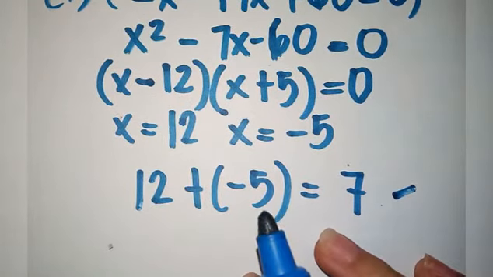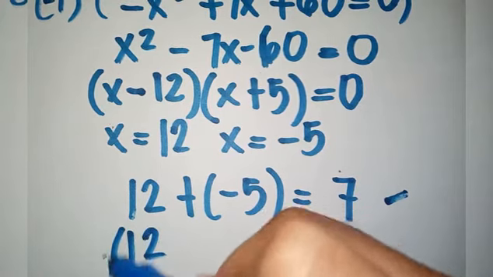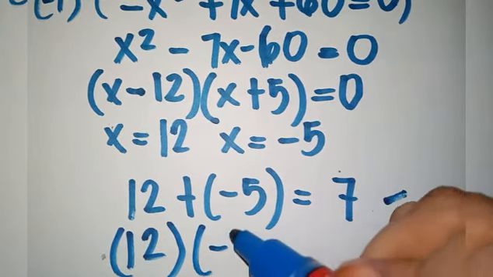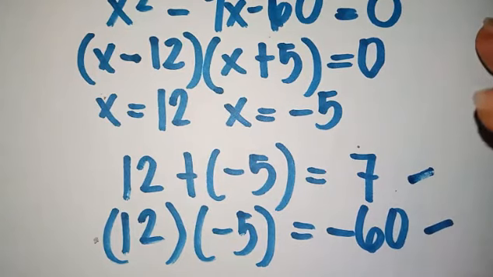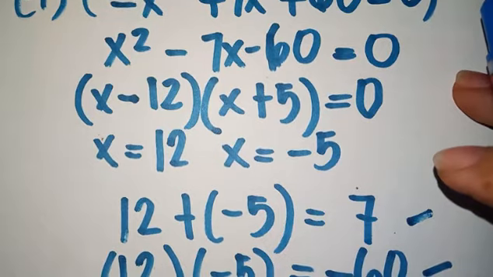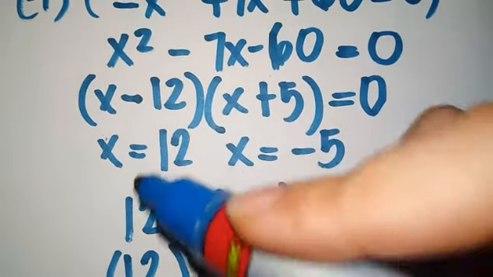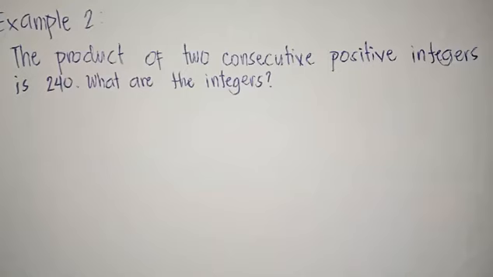Next is, yung product daw nila ay negative 60. So, i-multiply natin. So, we have 12 times negative 5 will give us negative 60. So, tama yung mga nakuha nating x dito. So, ibig sabihin, yung two numbers natin ay positive 12 and negative 5.